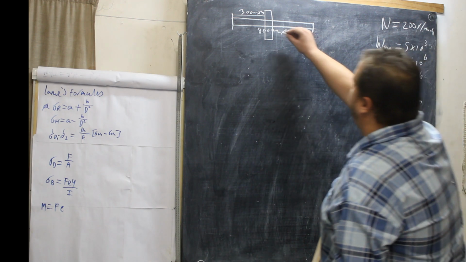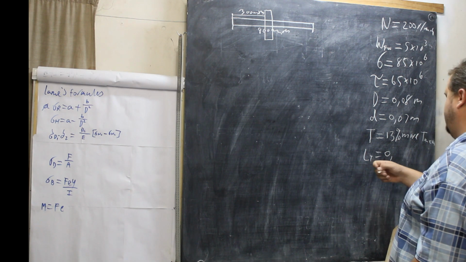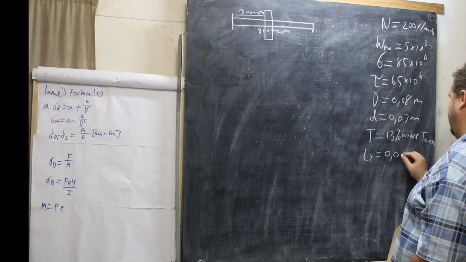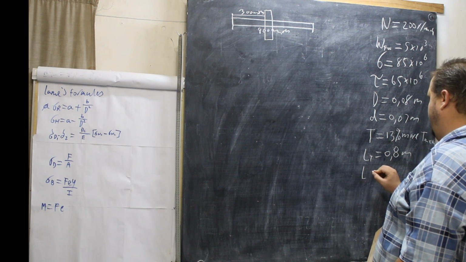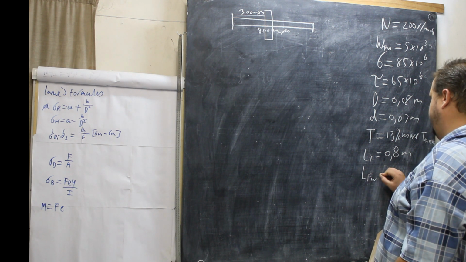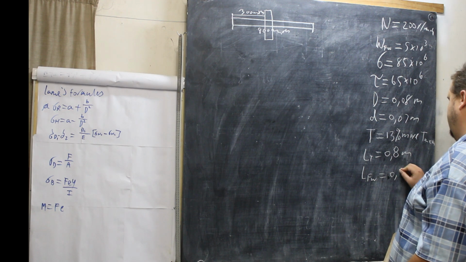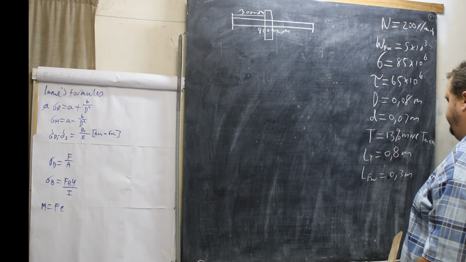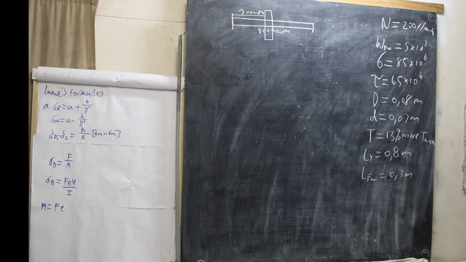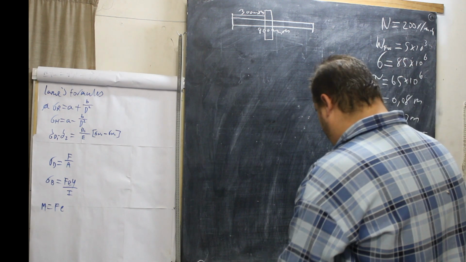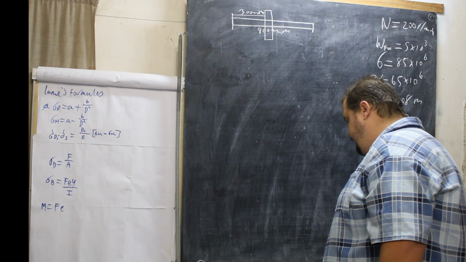Alright, now LT, that's L total, is 0,8 meters, and L to flywheel is 0,3 meters. Okay, so now we've got all our information that has been given to us.